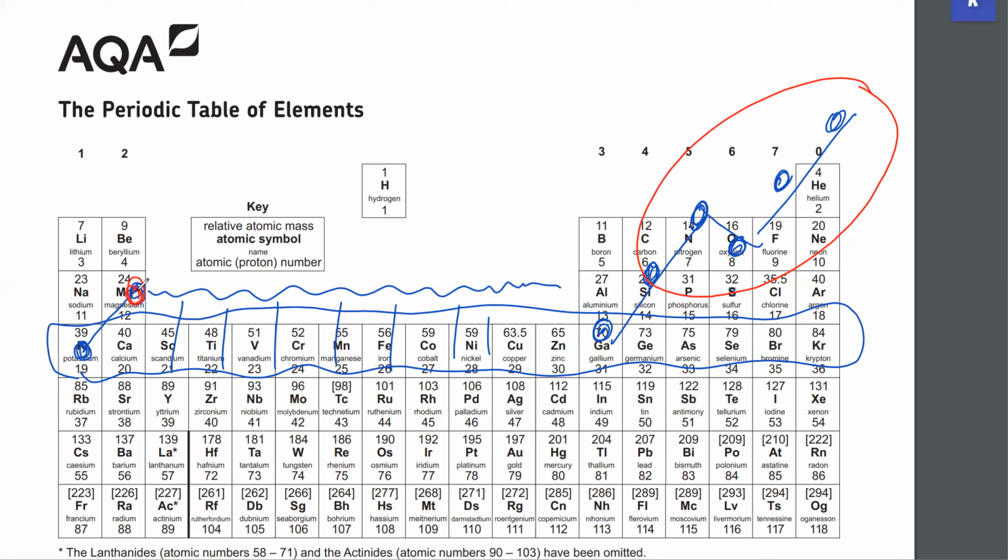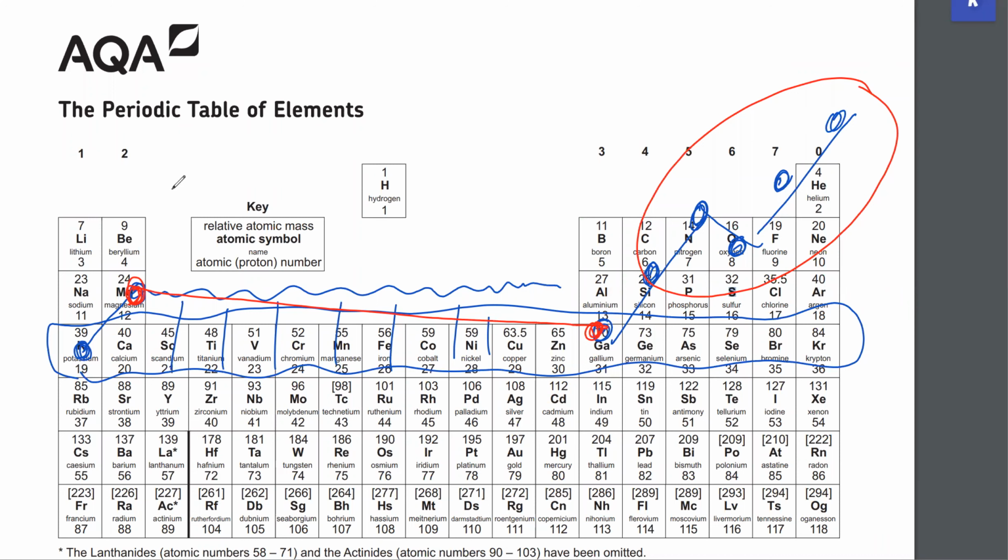So calcium is over here. Across the period, I just ignored all the transition metals. Okay, so imagine there's this. Because transition metals, they don't have a lot of variation in ionization energies. That's not in your course at the moment. Just imagine that the ionization energies barely change.